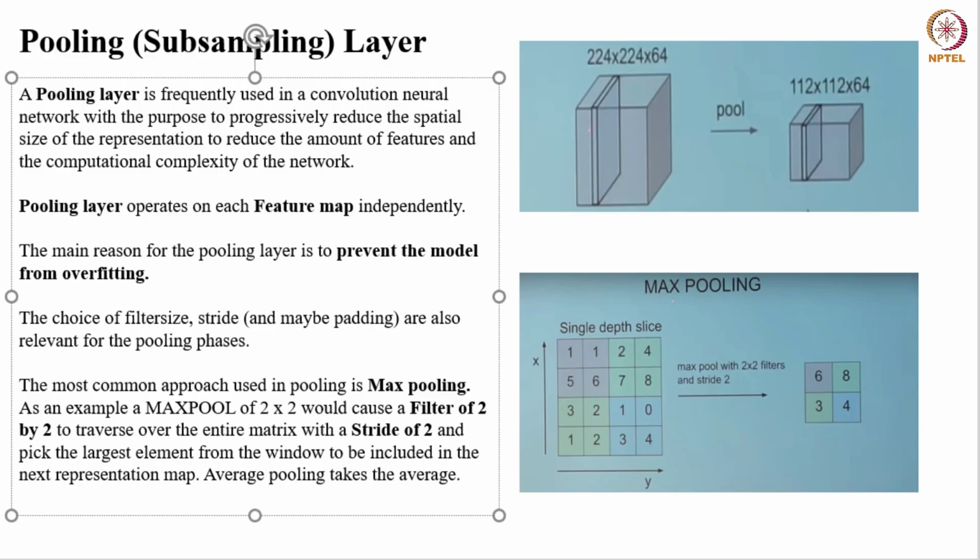So the pooling layer operates on each feature map. As we said, out from the convolution step comes a portfolio or sandwich of these feature maps, and in the pooling layer you do the pooling operation on each feature map independently. Also here you use filters, but for another purpose.